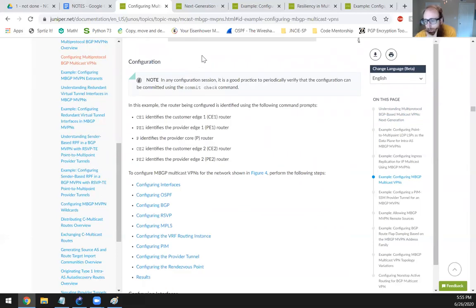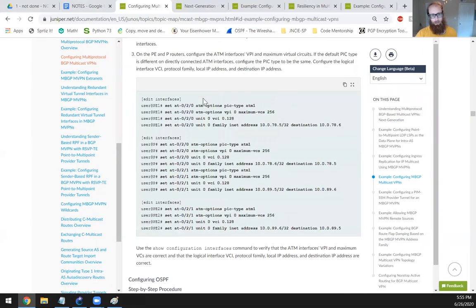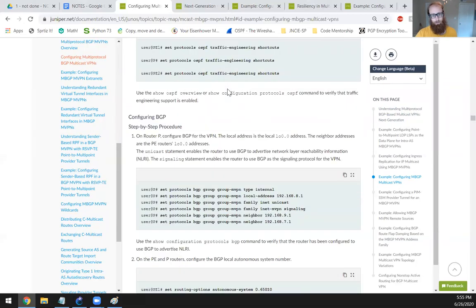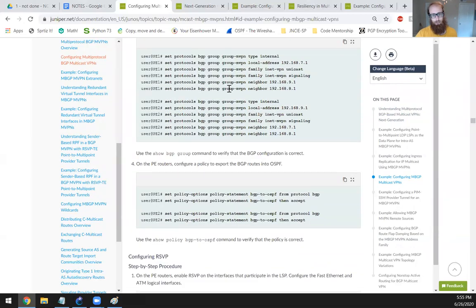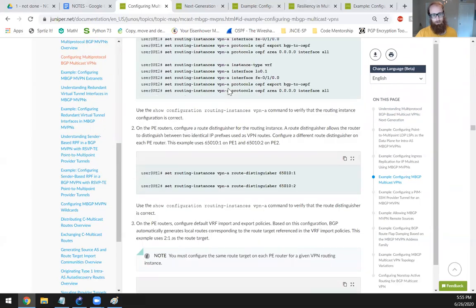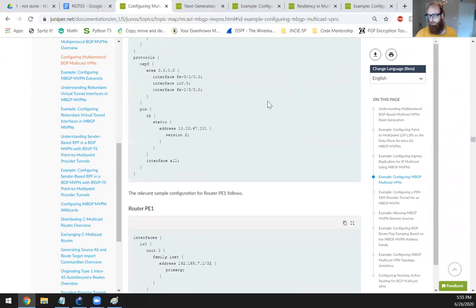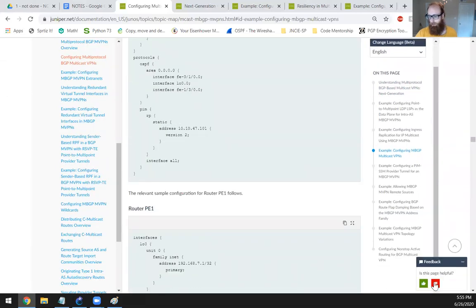It says it's NBGP Multicast VPN, but as we learned from the reading, there are two different kinds, and the next generation kind replaces draft Rosen. So if this is a draft Rosen lab, I would not want to do this one.